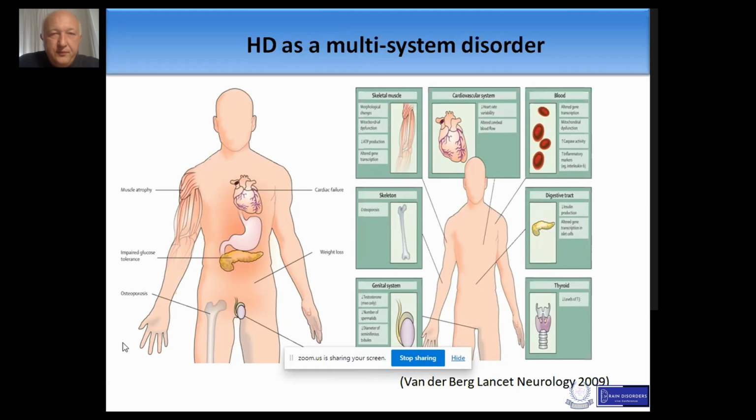So there is an obvious skeletal muscle atrophy or dystonia. There are problems with the cardiovascular system. There are also problems with the digestive tract and with the thyroid.